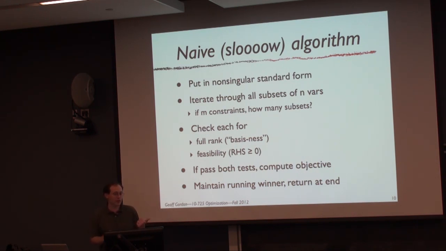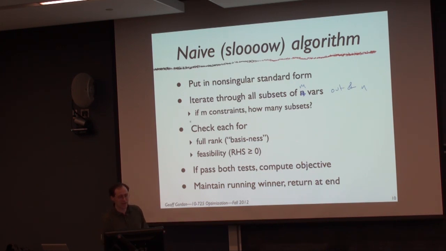Right? We put it in non-singular standard form. We iterate through all subsets of n variables, right? So if we have m constraints, how many subsets of n variables are there? Sorry, all subsets of the m variables out of the n, to be perfectly clear, right?